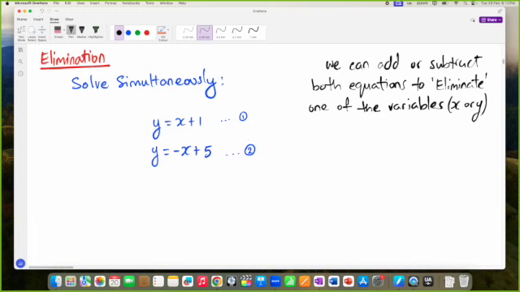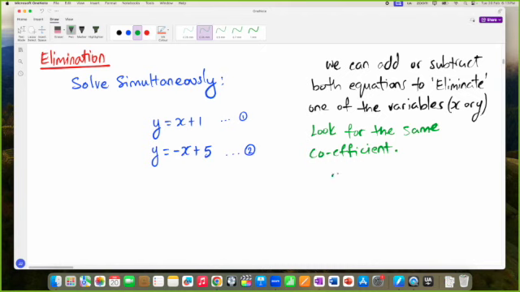What I am looking for is the same coefficient. This is a big word here, coefficient. What is the coefficient? The coefficient is the number in front of the variable.